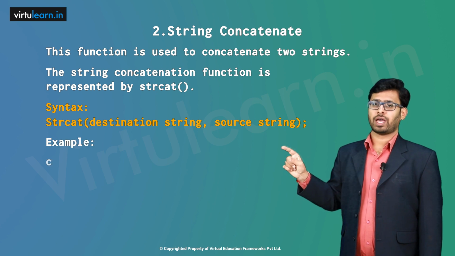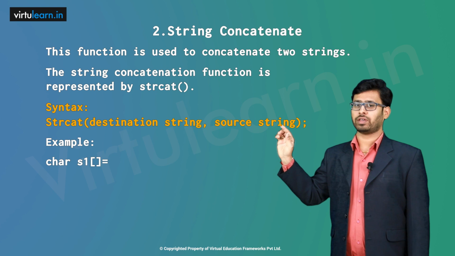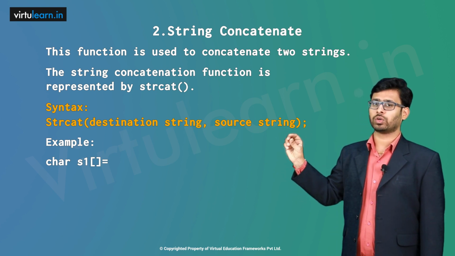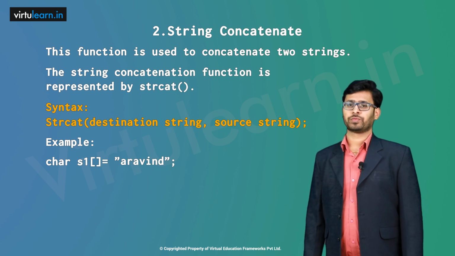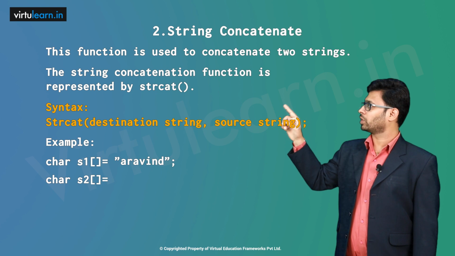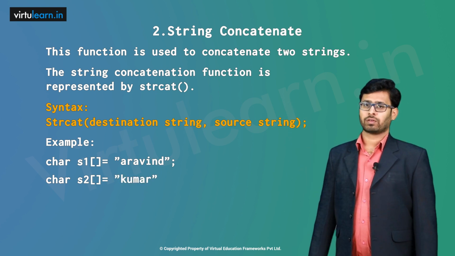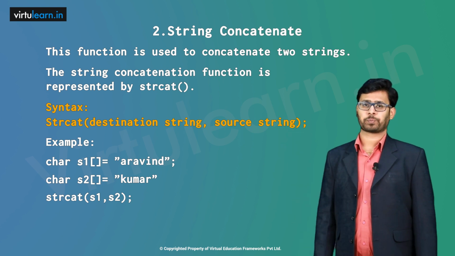Example, char s1[], I am not specifying any size, equal to "Aravind", which I am specifying within double quotations. Next, char s2[], not specifying any size, equal to "Kumar". Now strcat of s1 comma s2.